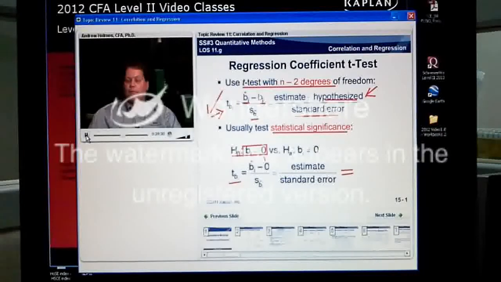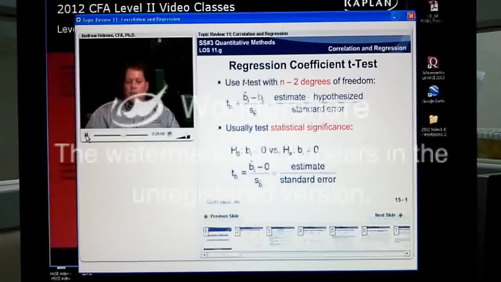It could be anywhere from 0 to infinity, but if it's greater than 2-ish, that's going to indicate that the coefficient is statistically different from 0. Depending on sample size, depending on the degrees of freedom, where n, remember, is the number of observations in our sample, so n-2 degrees of freedom.